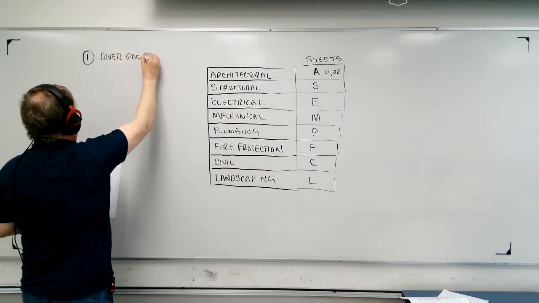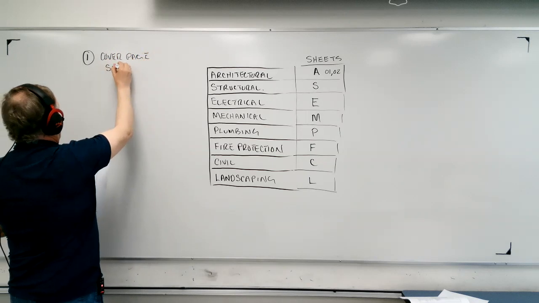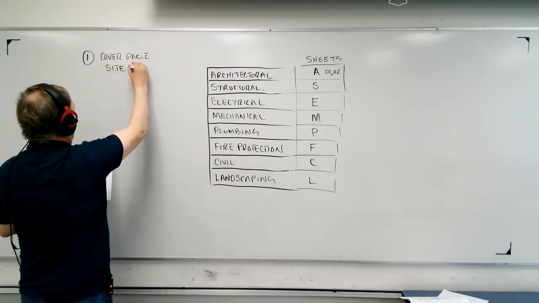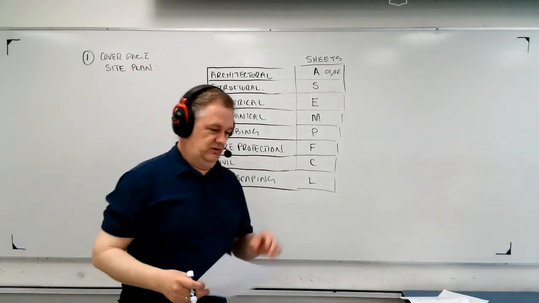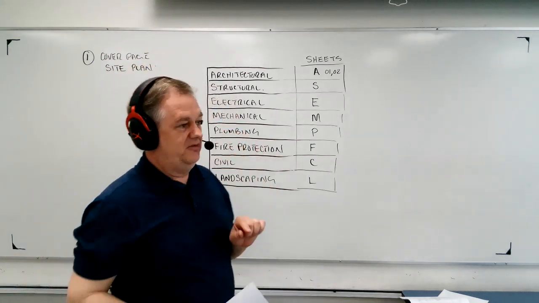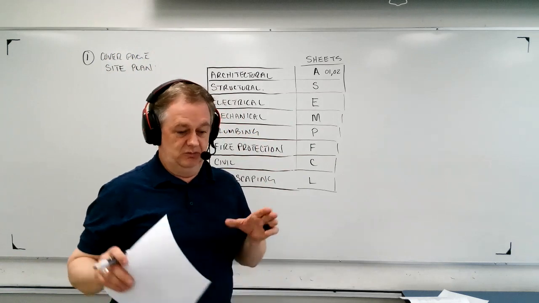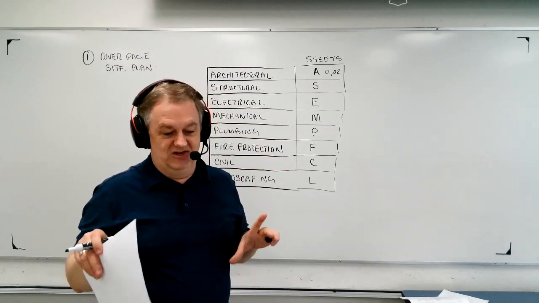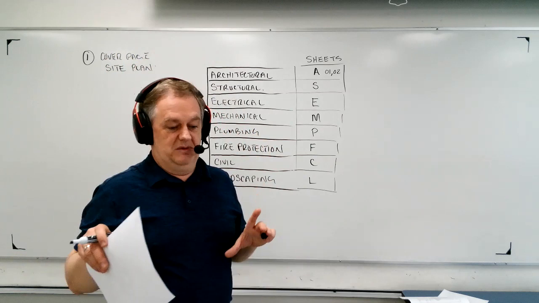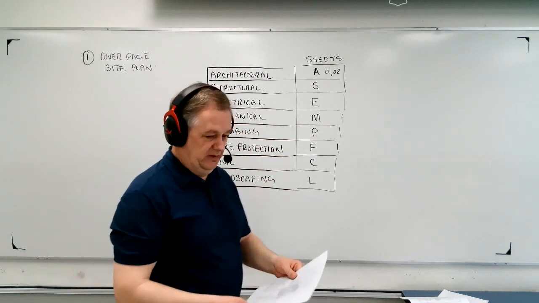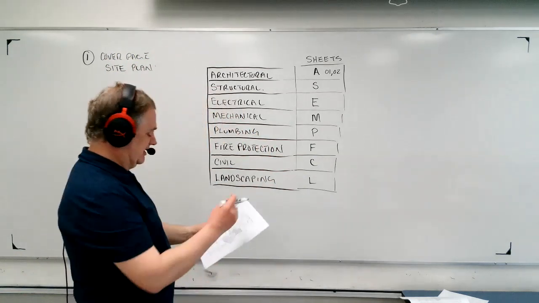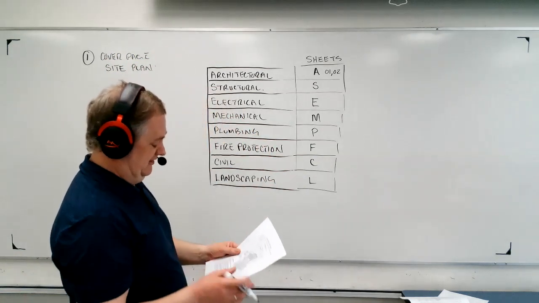These are quite often combined. Sometimes a cover page will strictly have some legends and information like that, and then the next page will be a site plan, but you'll also find them combined. The one I've shown you here is a combined cover page and site plan.